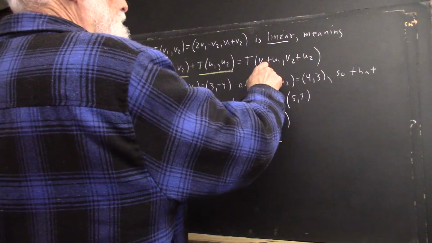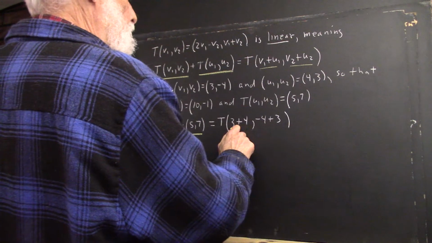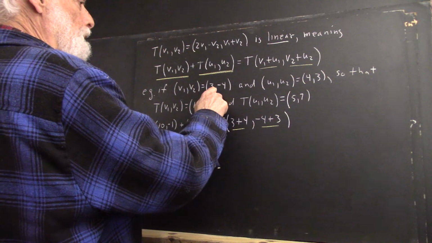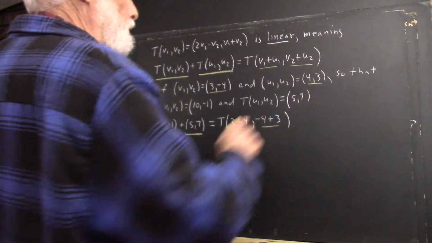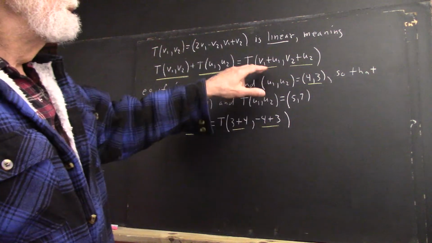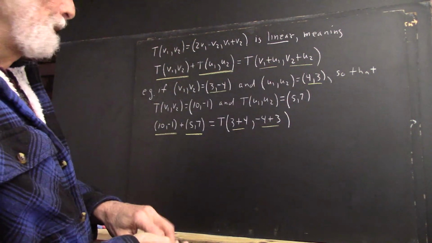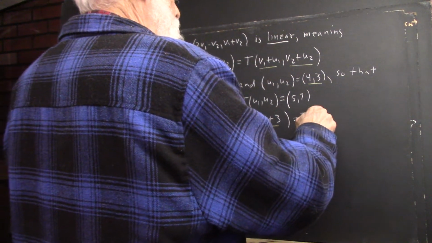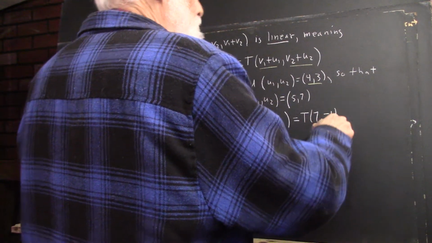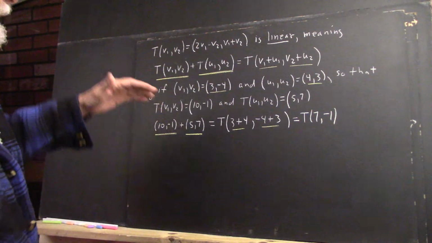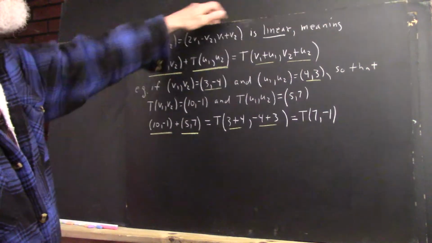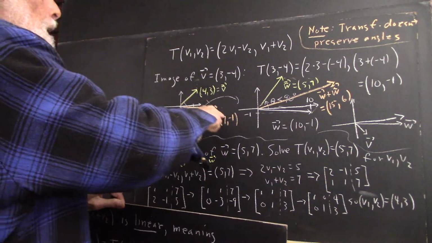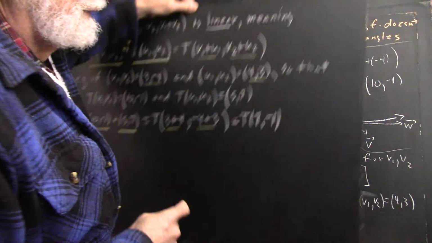Okay, so here and here are these components, which are these and these. So you can think through how this expression gives you this. And of course then that would be T of 7, negative 1. And remember 7, negative 1 was here. So we're seeing if transforming this 7, negative 1 will give us our 15, 6.